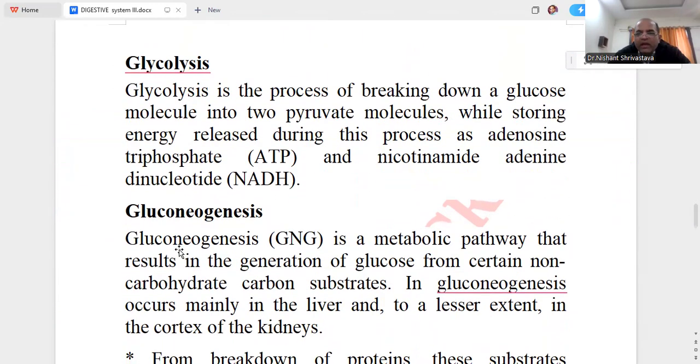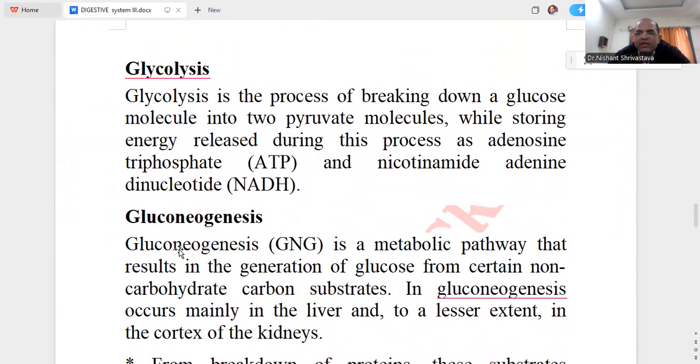So what is glycolysis? Glycolysis is the process of breaking down a glucose molecule into two pyruvate molecules, while storing energy released during this process as adenosine triphosphate, meaning ATP, and nicotinamide adenine dinucleotide, NADH.